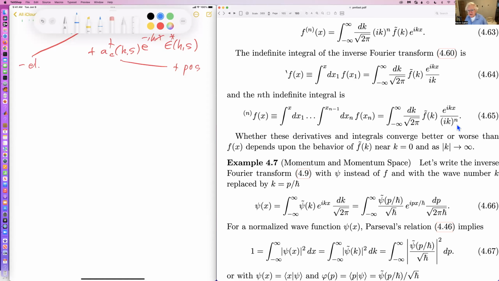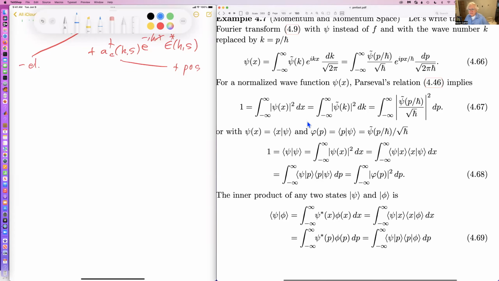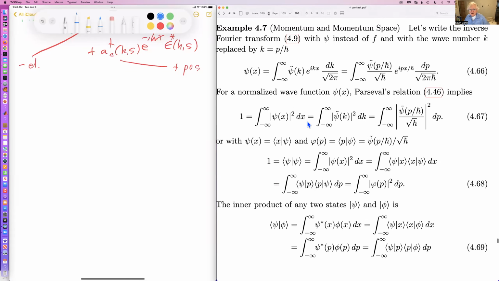So that's really another advantage of Fourier transforms. I haven't really seen any applications of that. In fact, I haven't seen these formulas in the literature at all, but I haven't read very much of the literature.